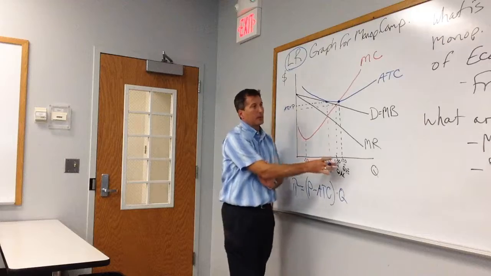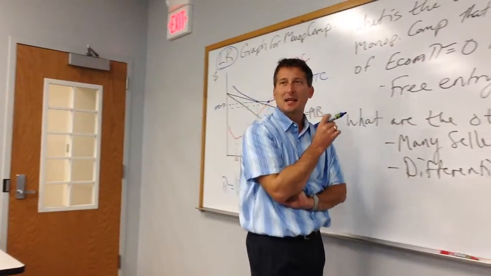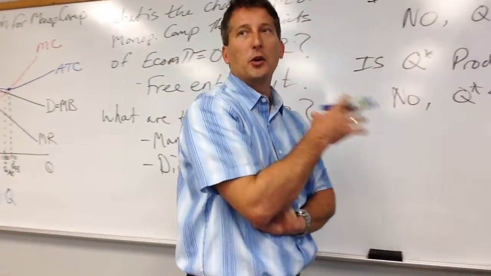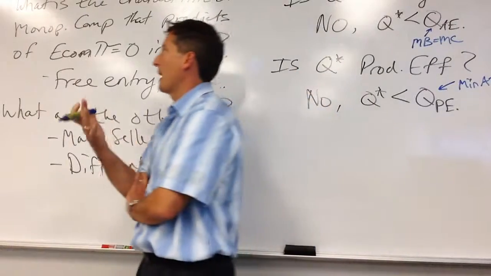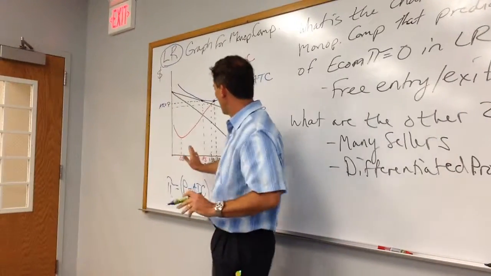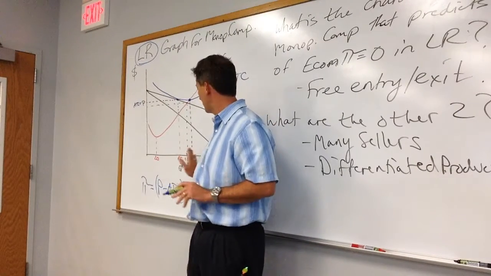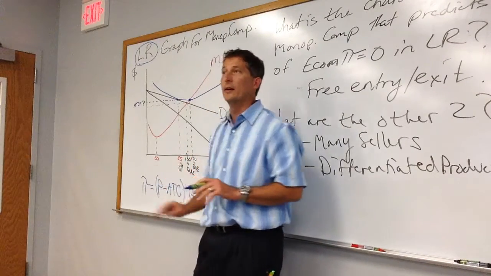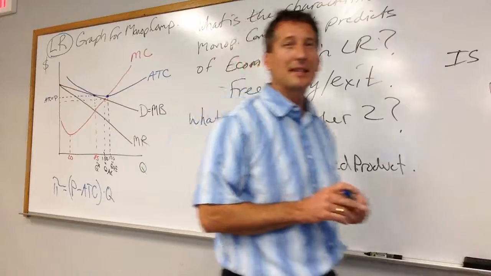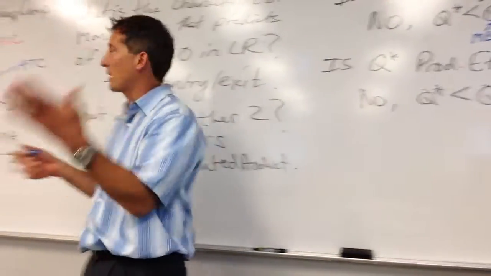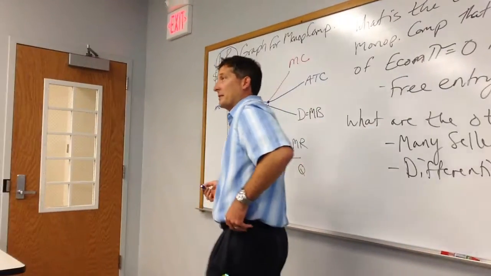So sometimes we refer to this as excess capacity. The firm has some excess capacity. If it did a little more volume, it could actually lower cost as it would increase quantity. So the firm is sitting with some excess capacity, which economists would call some waste.